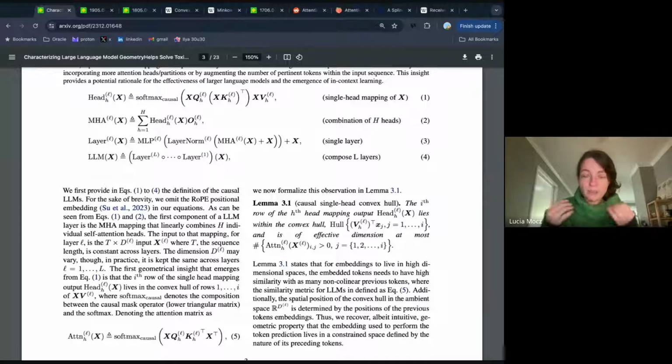So in other words, if something is preventing toxic generation, then by increasing this convex hull, and let's go back to the RLHF example.